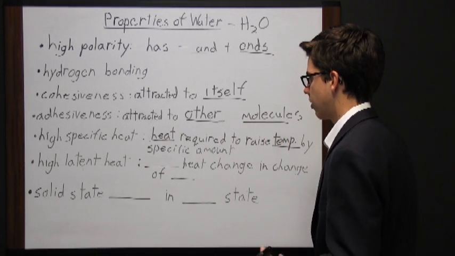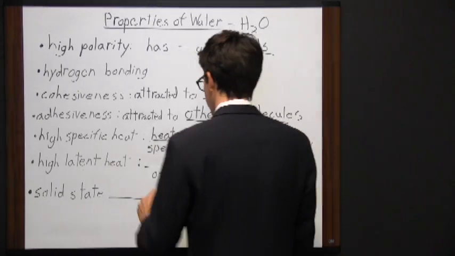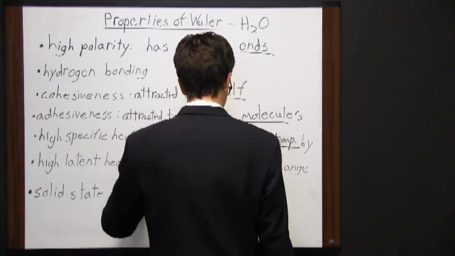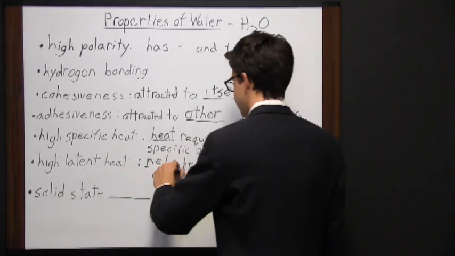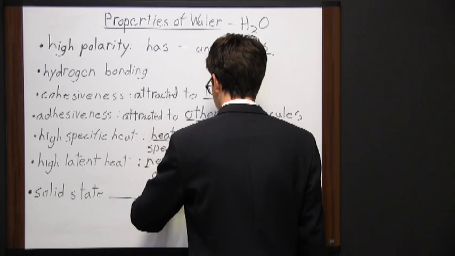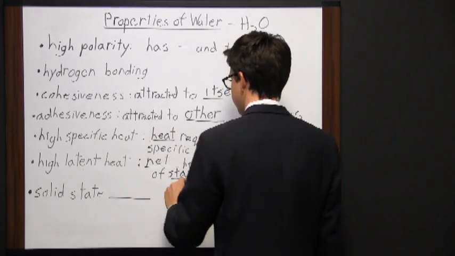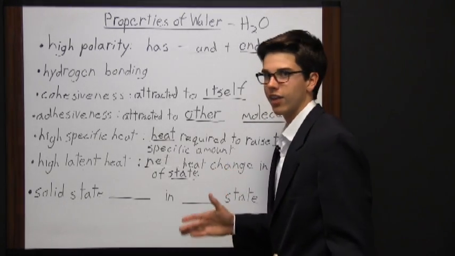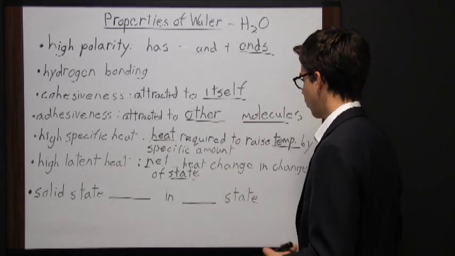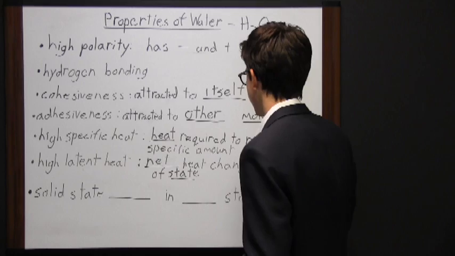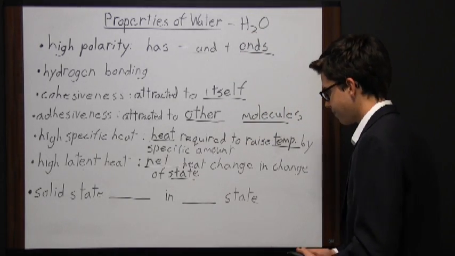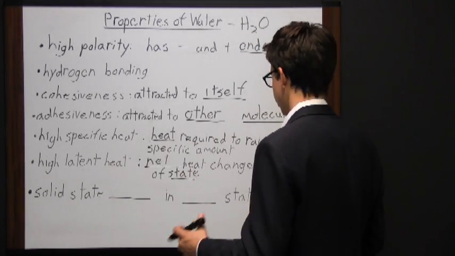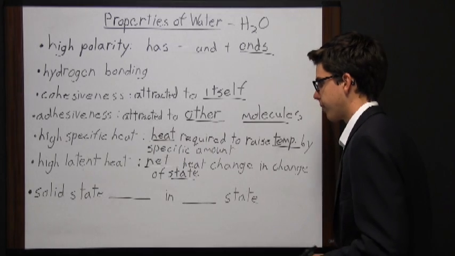This also kind of goes along with high latent heat, which is the net heat change in change of state. So basically when water changes from one state to another, that means there was a lot of heat either absorbed or put off. And so net heat change means how much heat was absorbed or exerted to do this change of state.